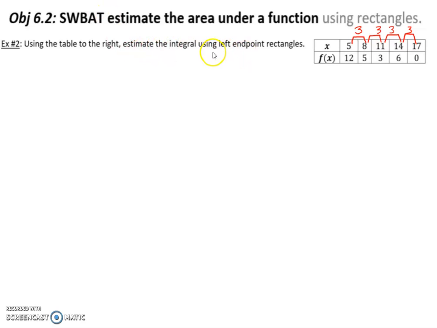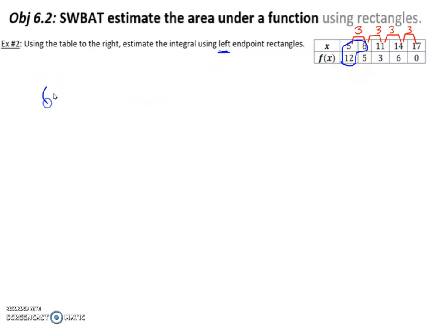Then they said we're using left endpoint rectangles. So this first rectangle goes from 5 to 8, and on the left side, it has a y value of 12, and on the right side, it has a y value of 5. Since they said we're using the left endpoint rectangles, this rectangle we're using with its height on the left side.